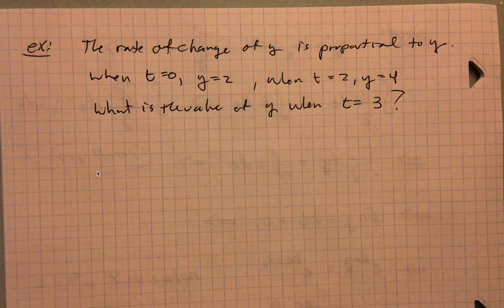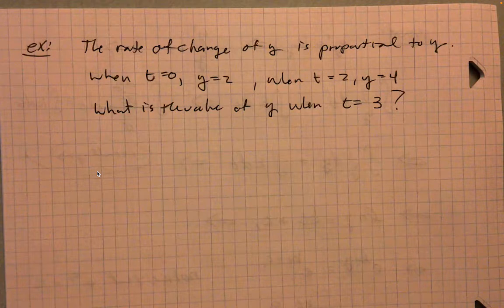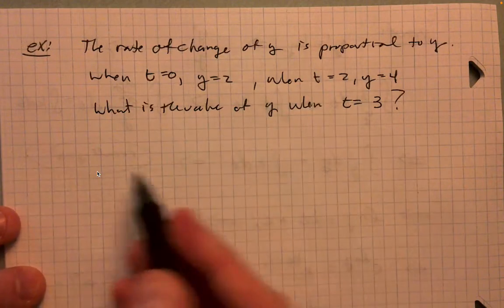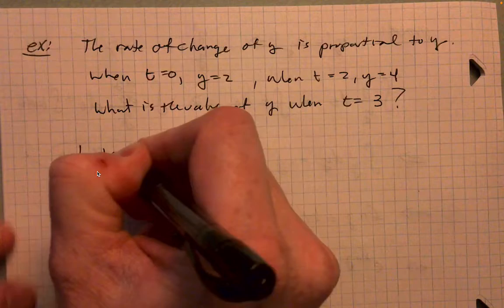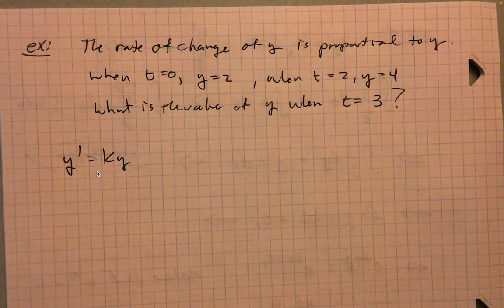Okay, so we're given two initial values here, when t equals 0 and when t equals 2, and we need to know what happens when t is equal to 3. We know the equation is y prime equals ky just based on the wording. The rate of change of y is proportional to y.